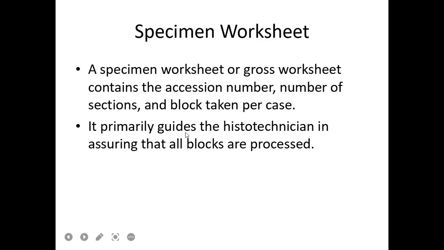It primarily guides the histotechnician in assuring that all blocks are processed. Okay, so like for example, in this paper, you write there that you prepare, you get 10 sections, no? O kailangan yung histotechnician, 10 rin yung mabibilang, no? Para that is to assure, no, that all of these specimens will be processed.